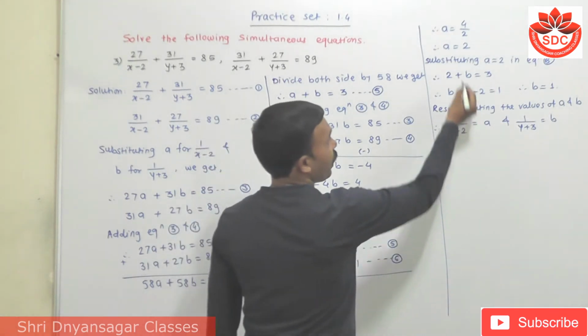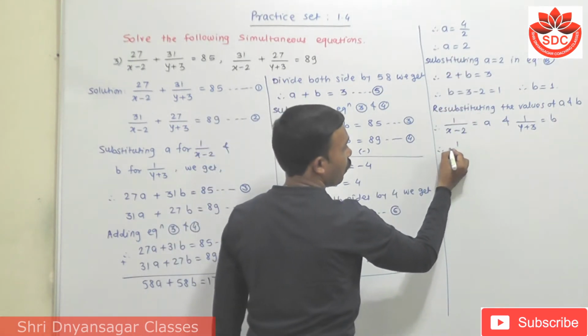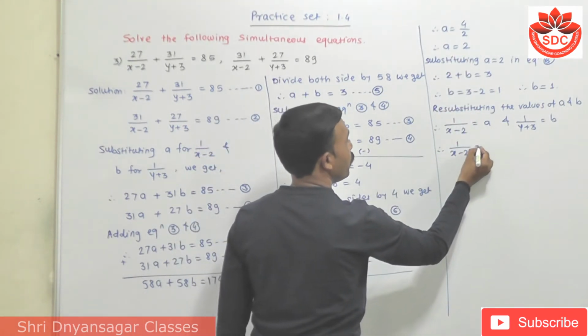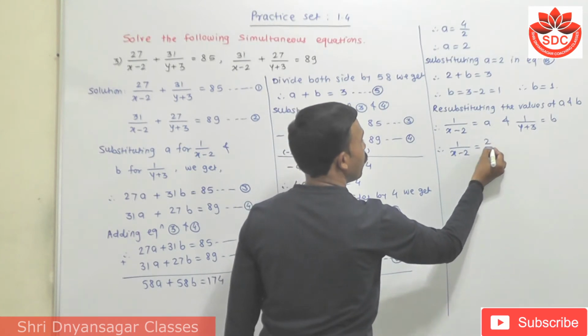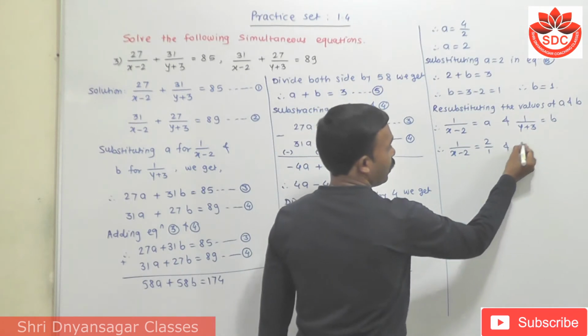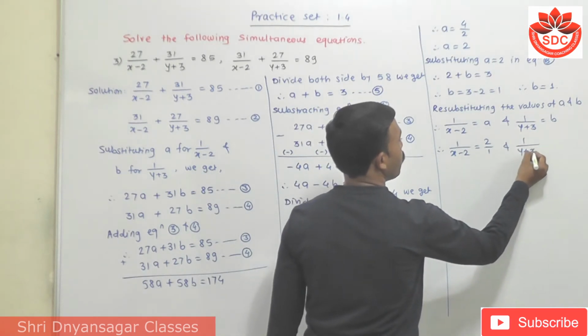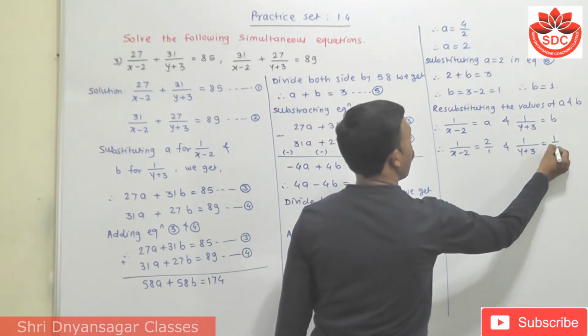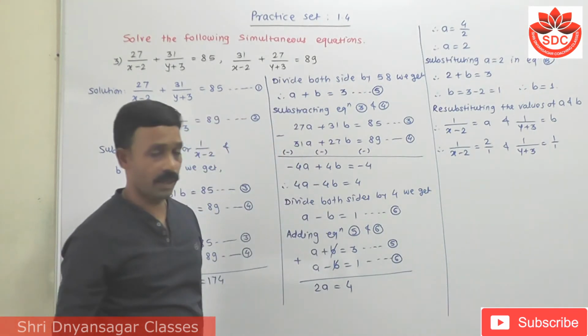Then the value of a is 2 here, so you have to write 1/(x - 2) = 2, denominator 1 here. And this value becomes 1/(y + 3) = 1, also denominator is like that, 1.